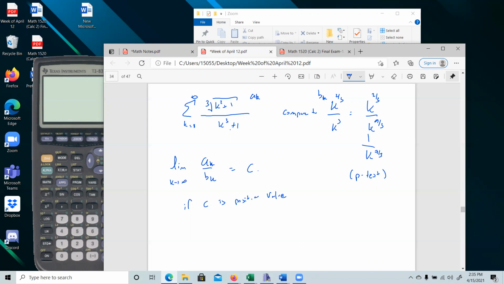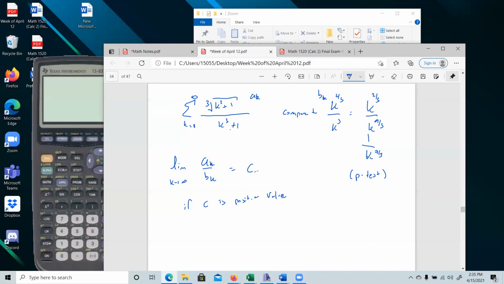It means their fates are linked. I think of a movie or a story where their fates are intertwined, so goes one, goes the other. That's how I think about it. So if this is going to be a value, since I know this one converges, the other one will too.